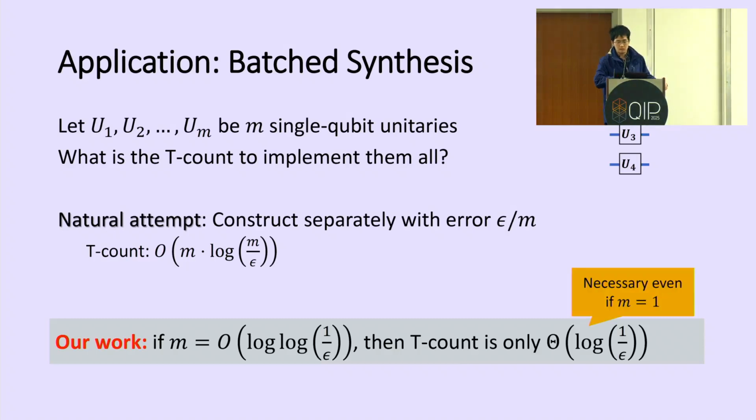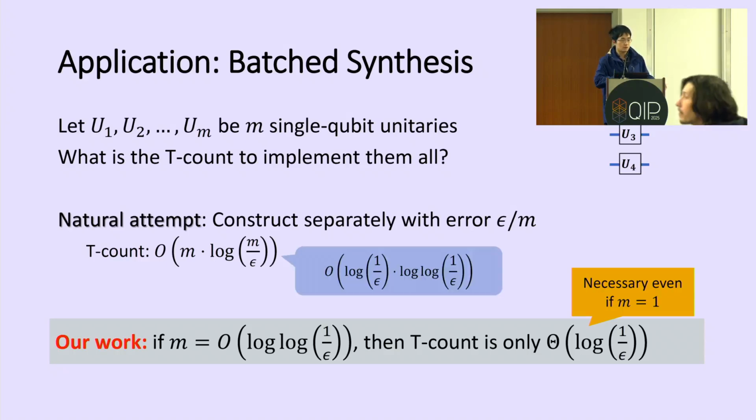As I mentioned, this budget cost, log 1 over epsilon, is necessary even for m equals 1, so this is really the unit cost. Also here, if you plug m equals log into the natural attempt, you will find the bound to be log times log. So we indeed saved something.